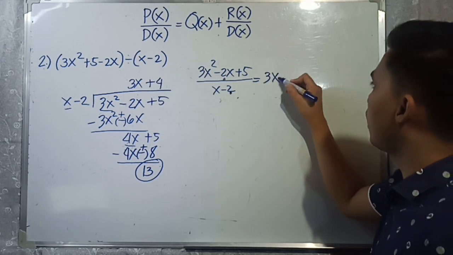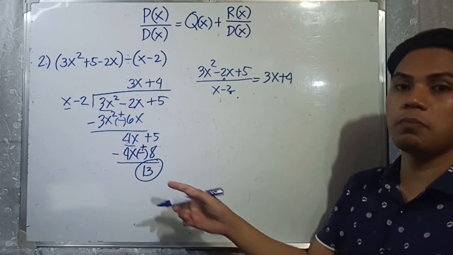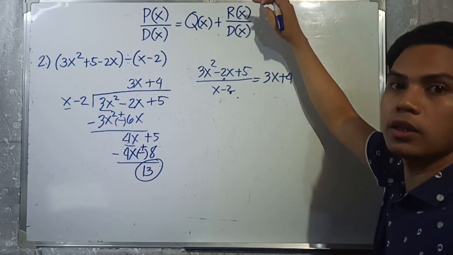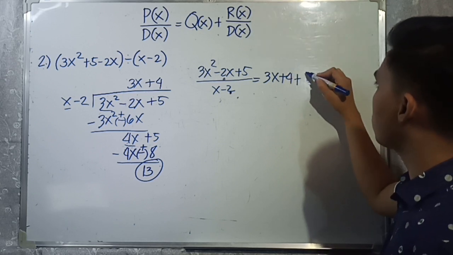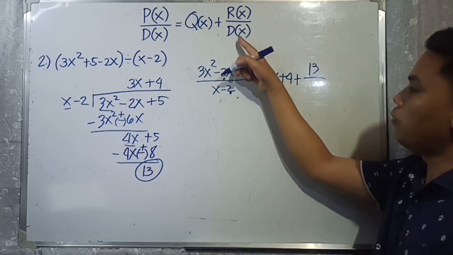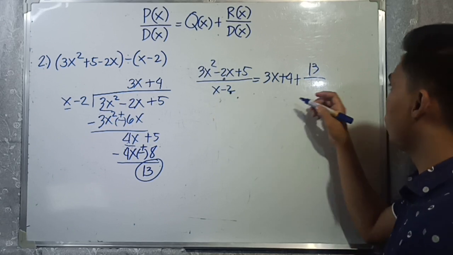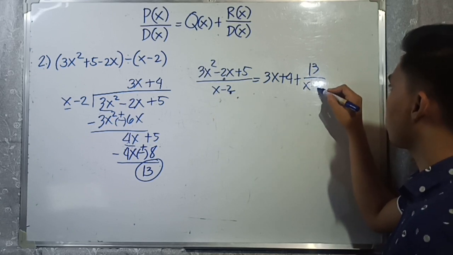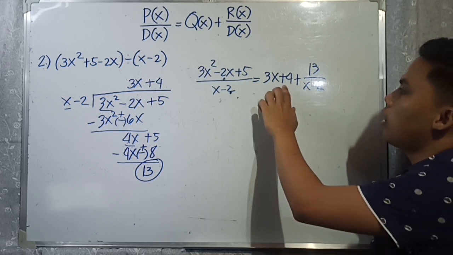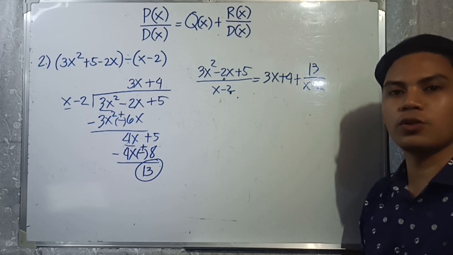So, you have 3x plus 4. Now, since we have a remainder which is positive 13, so, we're going to follow this format. So, that is plus 13 over d of x. Again, yung d of x natin is si divisor. Tama? So, we're going to write here x minus 2. So, the final answer would be 3x plus 4 plus 13 over x minus 2.